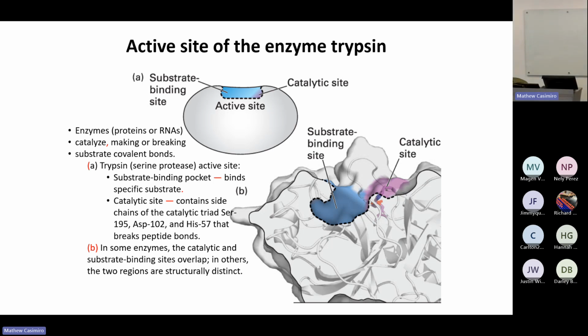I'm going to use the example of the pancreatic proteases that are called trypsin, chymotrypsin, and elastase. They're enzymes that are secreted by the pancreas, which is a secretory organ, into the duodenum, and that helps with the digestion of proteins. Okay?